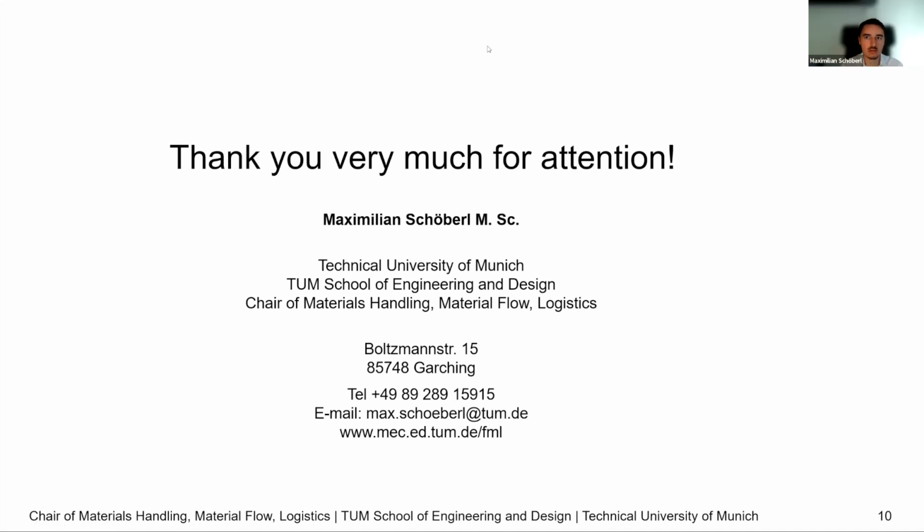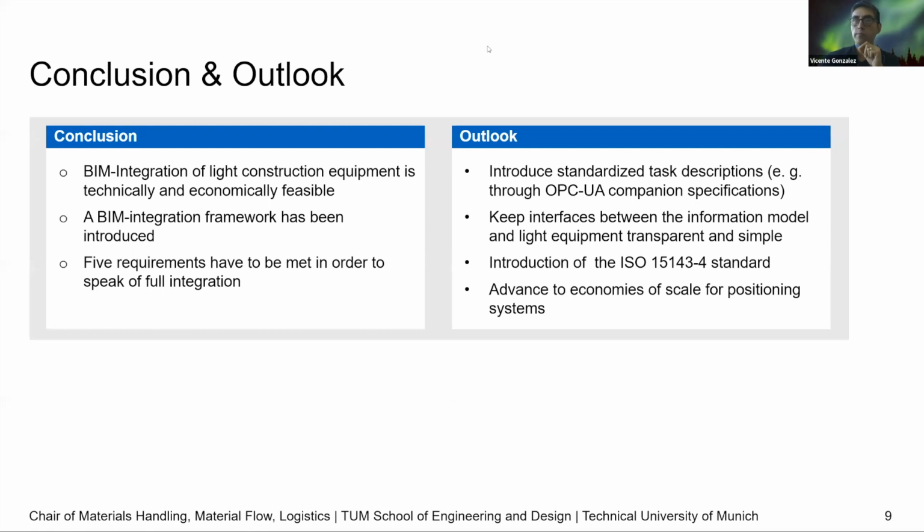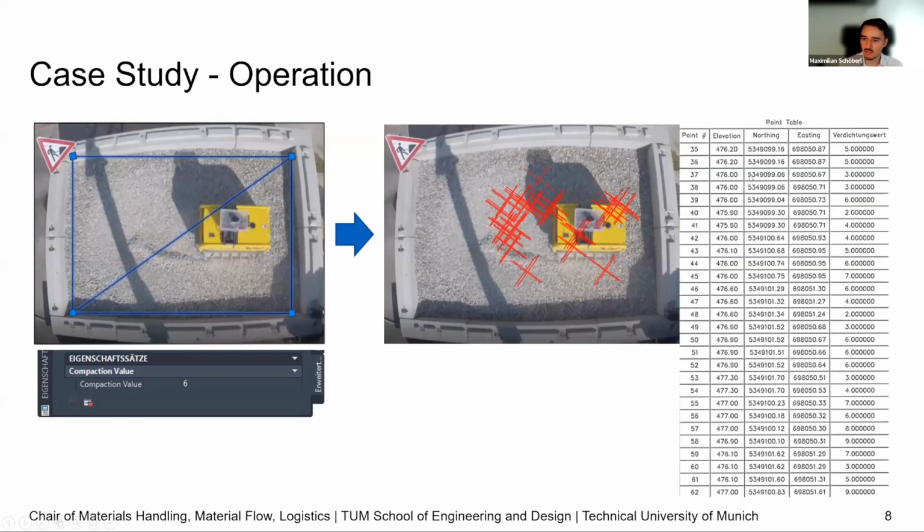So we were using a LandXML file, which is basically, as you can see on the right side, these points, and then we have the connections of the points in another file in the XML format. And the compaction value, the Verdichtungswert, is not in that file. We put it in the header of the file, and that's our as planned data, and the as built data then is what you can see on the right side.